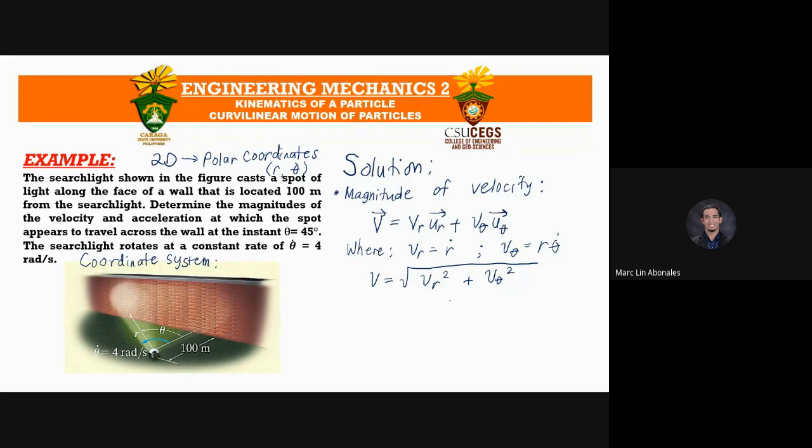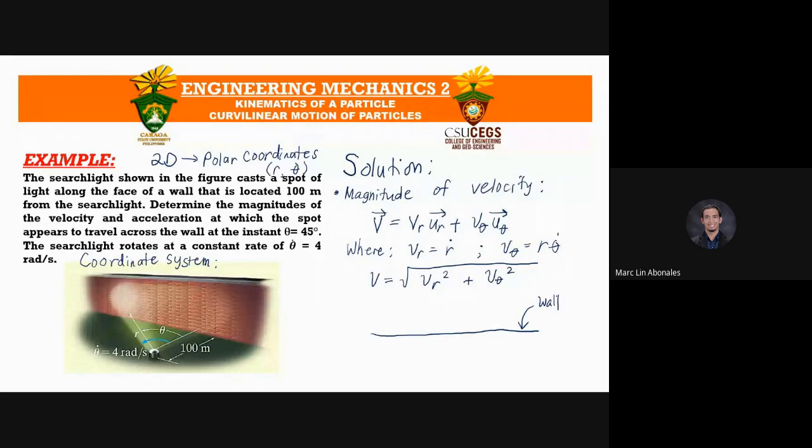So for us to determine the R, we need to draw a top view for this one. So if I just redraw the figure, if this is our wall, take note this is a top view.